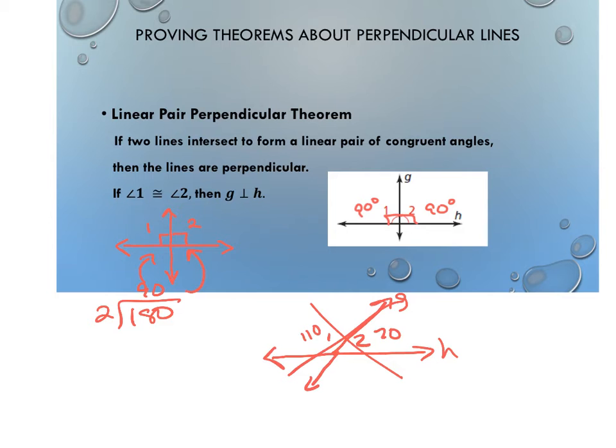So if it were just a linear pair and it was divided like this, and they weren't congruent angles, then these lines wouldn't be perpendicular. That's what I was trying to show here.